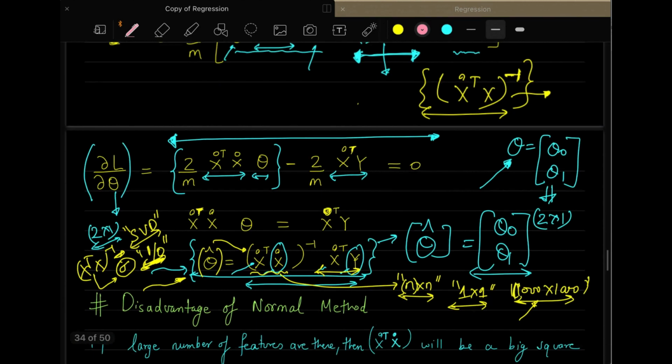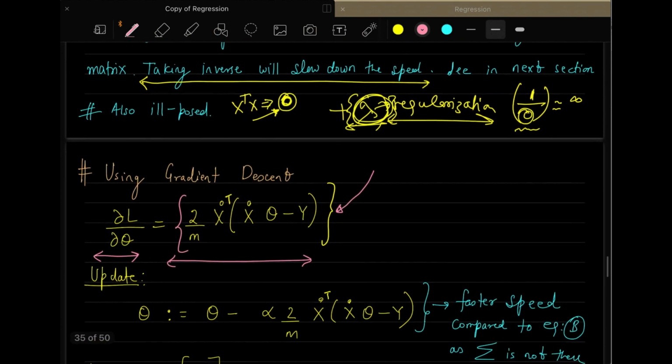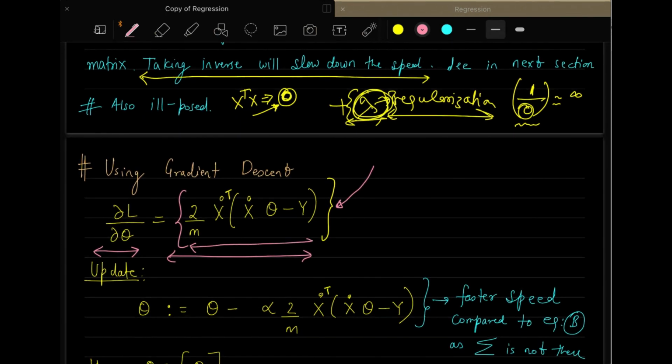It will be like this. This is the derivative of the loss. It's simple matrix algebra, you can cross check. This is the derivative of the loss with respect to theta, and then you do the updates here.